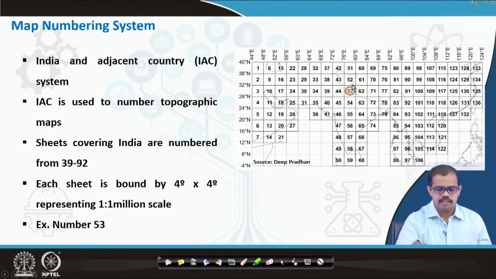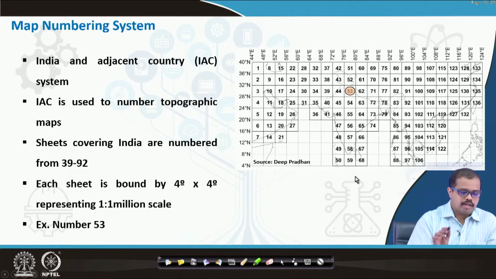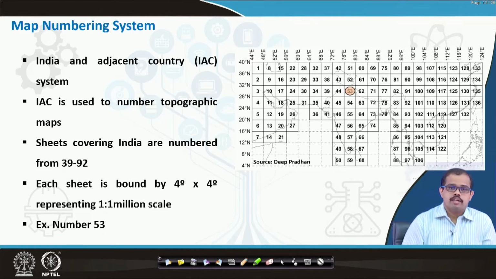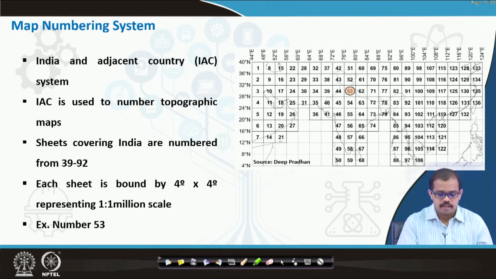The map sheet number 53 is representing this region. IAC can have details of all of these maps in this particular region. So IAC is used to number the topographic map sheets for India, which means the entire Indian subcontinent is from 39 to 92. So that represents the entire Indian subcontinent.